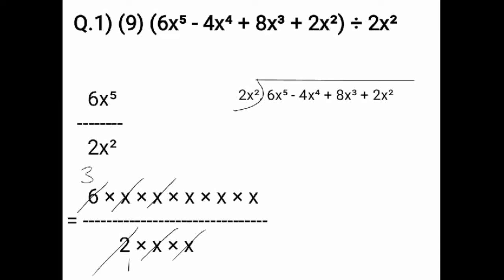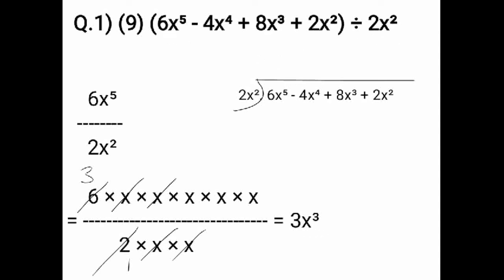Now only numerator is left to multiply. Denominator nothing is left to multiply. 3 into x into x into x, how much? 3x cube. Okay. Now this you already got the quotient when you divide 6x raised to 5 by 2x square. If you got the quotient, you have to write it here.